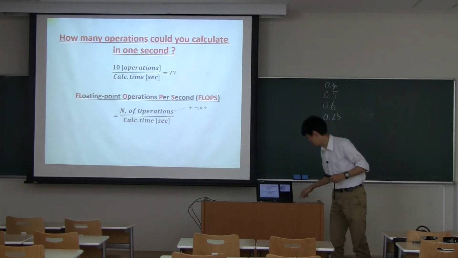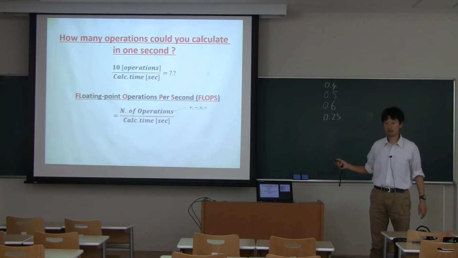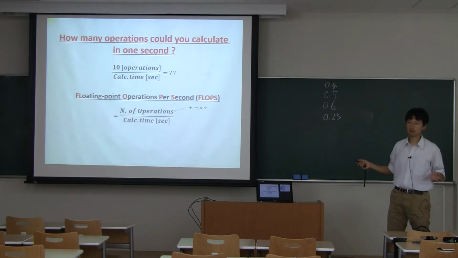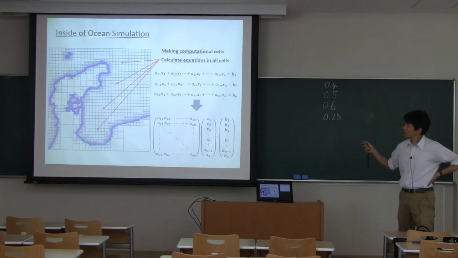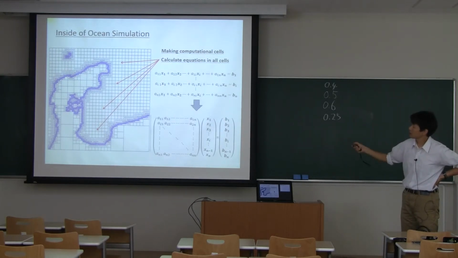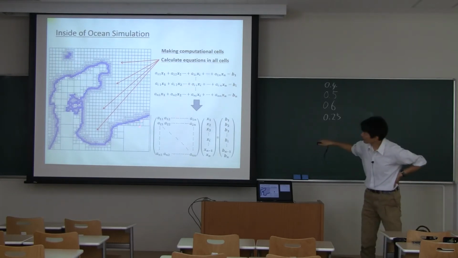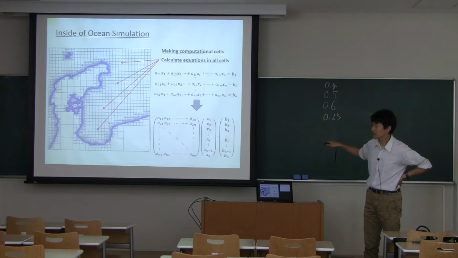So how many FLOPS are required for computer simulation? In the last lecture, I explained this slide. It is the ocean current simulation method. You can see a huge number of small squares.